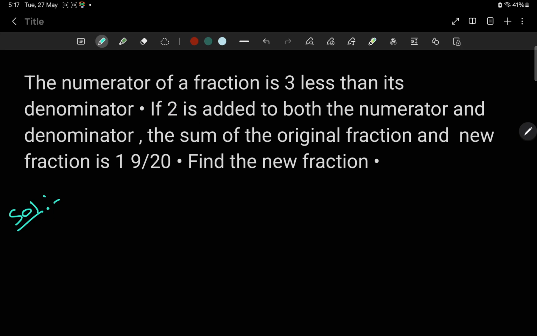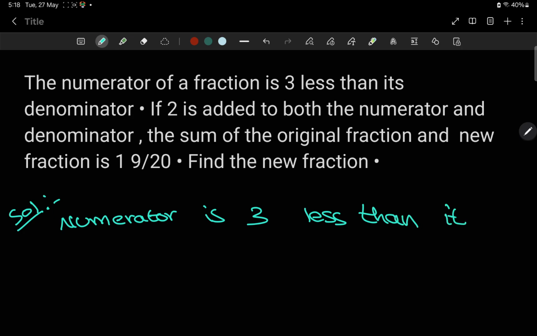Let's write what is given here. The numerator is 3 less than its denominator.